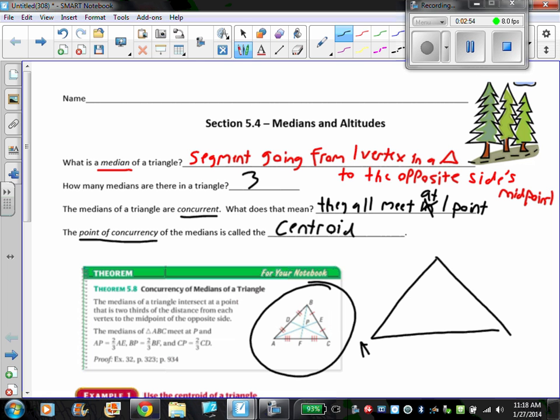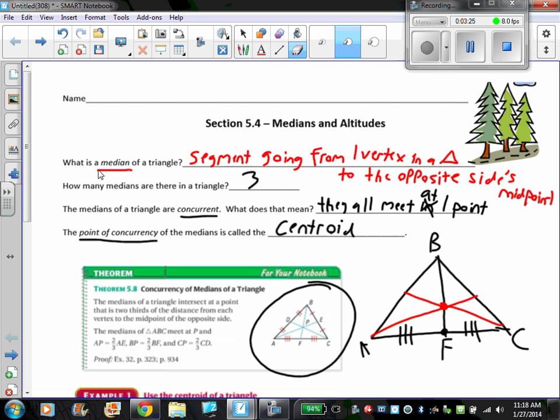Here's A, here's B, here's C. Let's focus on BF, that median. There's F. The idea is that this is the same length as this. I'll draw the other medians in because we need them to show what's going on here. I remember this isn't exactly to scale, but doing the best I can. There's our centroid.